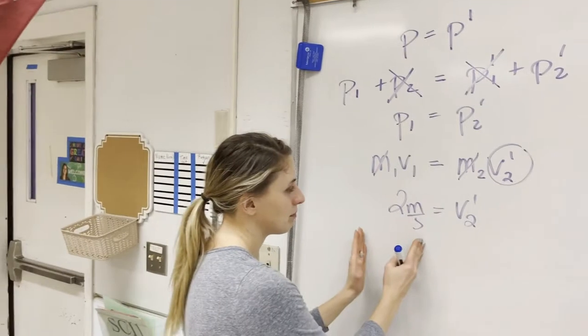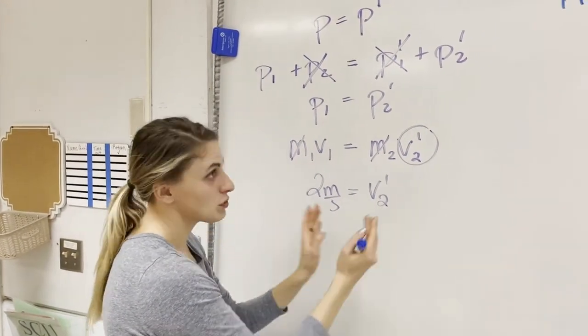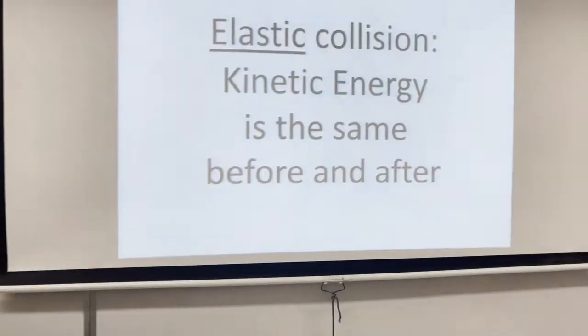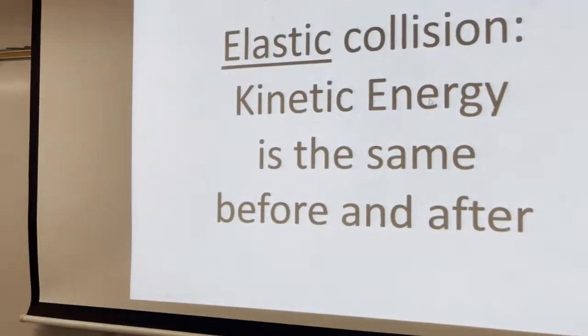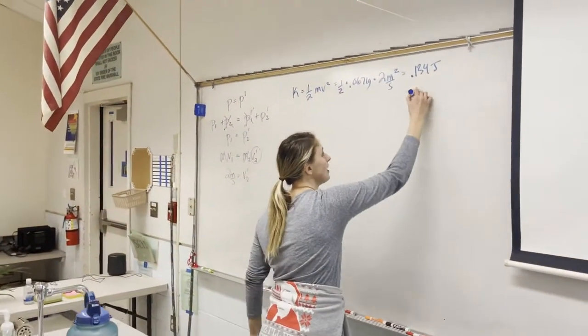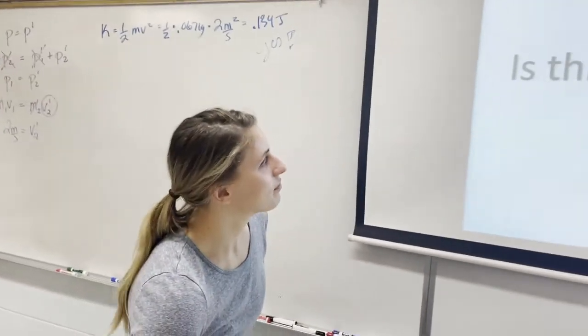The kinetic energy of the ball before is 0.134 joules. The kinetic energy of the ball after is 0.134 joules. Is this an elastic collision based on this statement? Yes. Absolutely. Yes, Miss Moore, it is elastic. Okay, all right. Moving on.